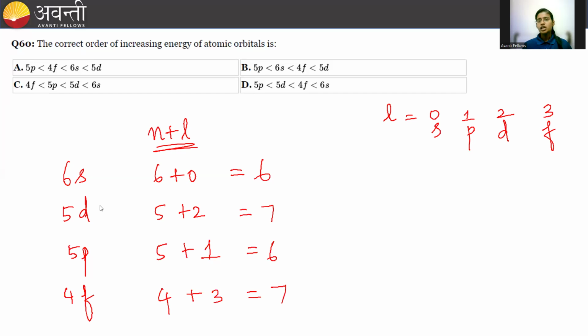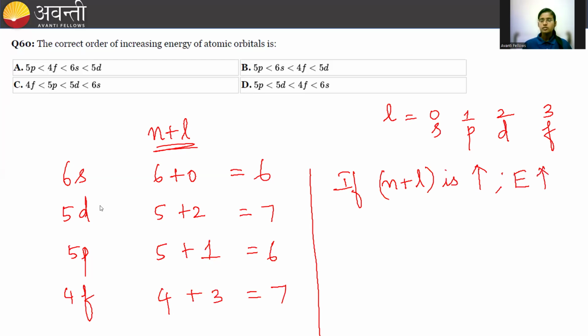Now, how to find out the increasing energy order using this n plus l value? For that, I'll tell you one thing. If the n plus l value is greater, then the energy is also greater.